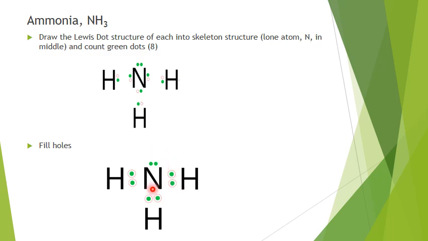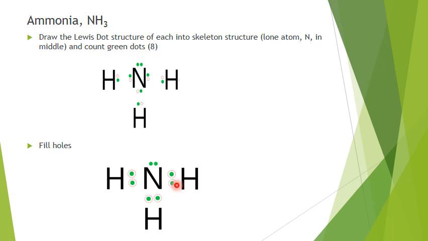After we fill in the holes, what we have is shared pairs, and each atom can claim that pair. So nitrogen now has 1, 2, 3, 4, 5, 6, 7, 8 electrons in its outer shell. Each hydrogen has 2, so each one of them achieves noble gas status.